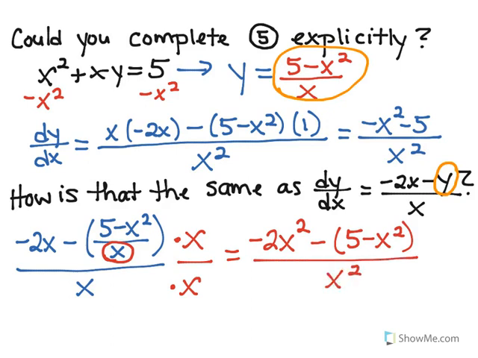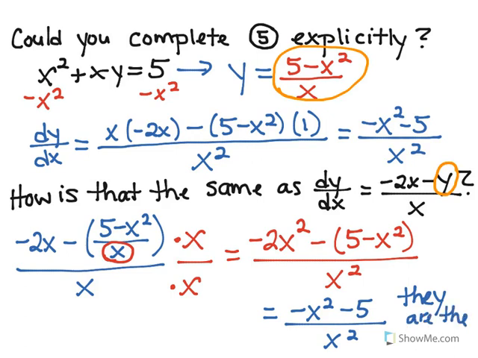And if you reduce that down, you're going to get negative x squared minus 5 over x squared. So they are the same. So it doesn't really matter which way you do the problem, because it could be done implicitly or explicitly and get the same thing.